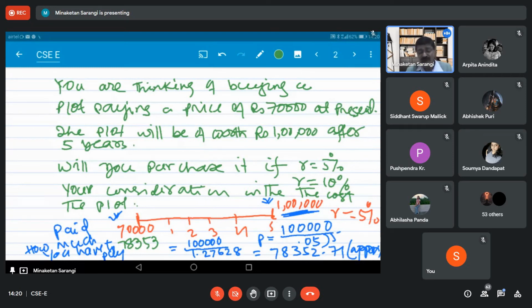Now, if you pay the 10% rate of interest instead of 5%, then calculate and tell me what you will do.